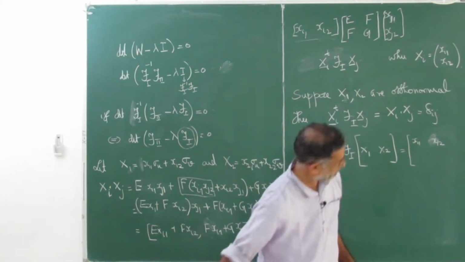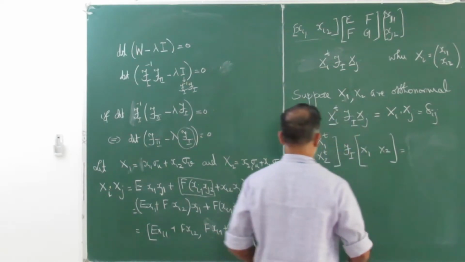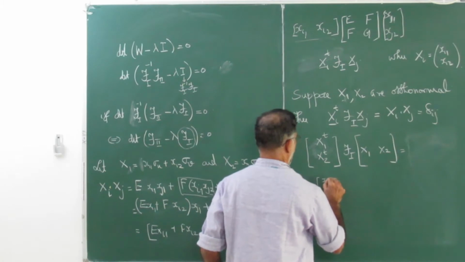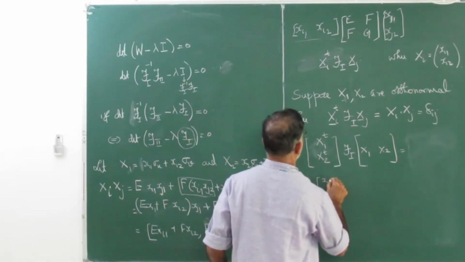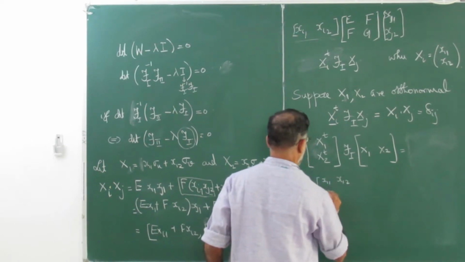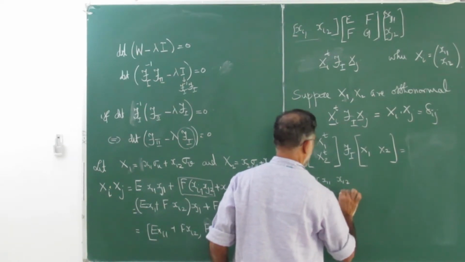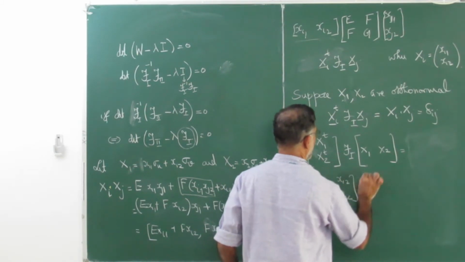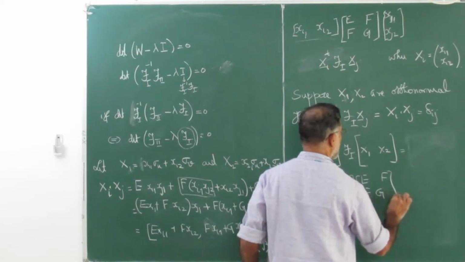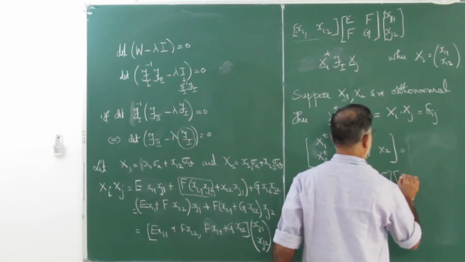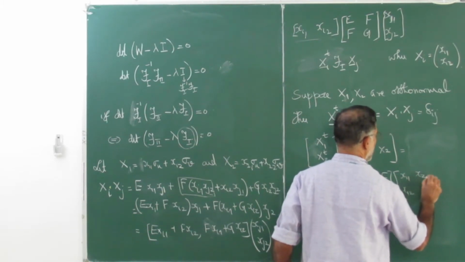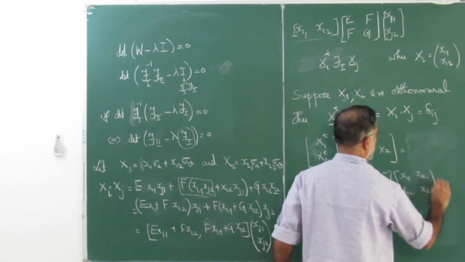I'm sorry, here I won't be able to write everything. This is actually equal to, I should have written the other way, x11, x12, x21, x22, E, F, F, G. Now we write the matrix itself: x11, x12, x21, x22.